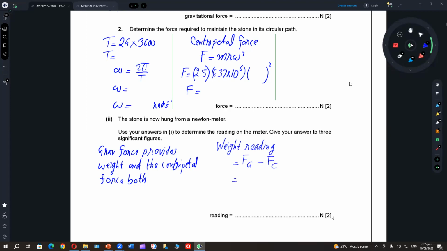So after getting it, let me know the final answer, please. The force. 0.08 Newton.